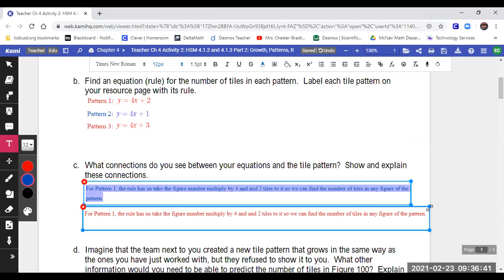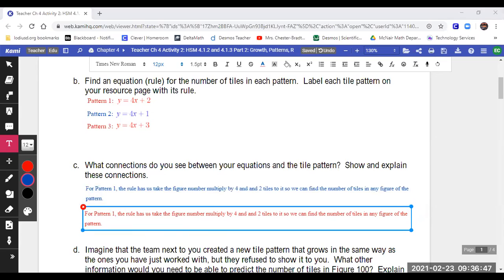So we're talking about pattern 2. I've copied it in red. What pieces of the red do I need to change so that I'm talking about pattern 2?